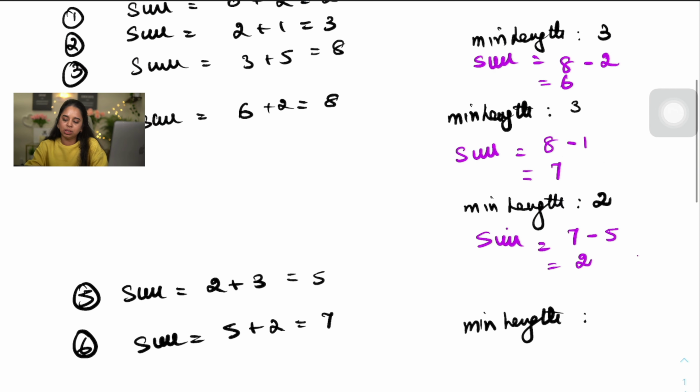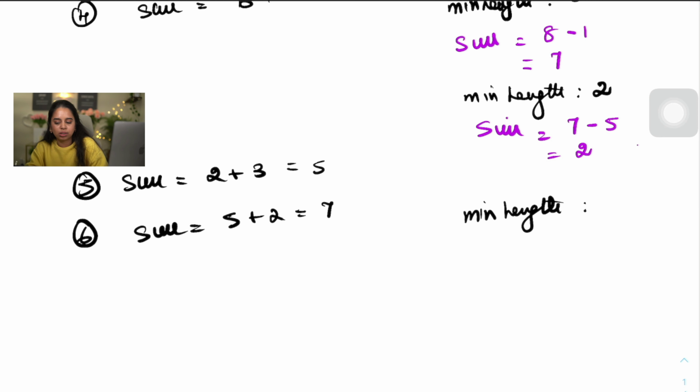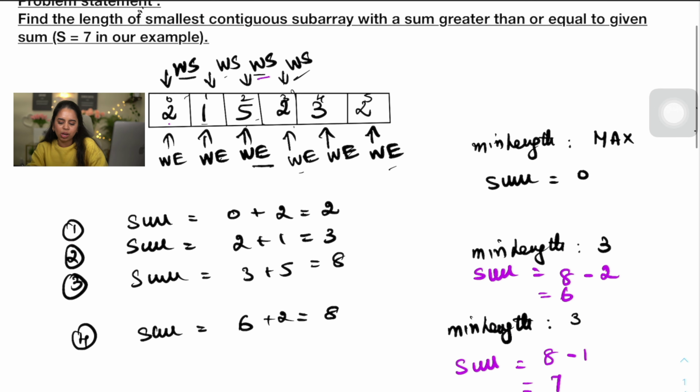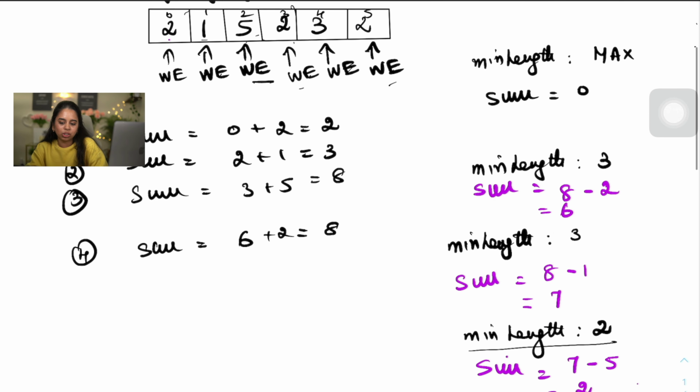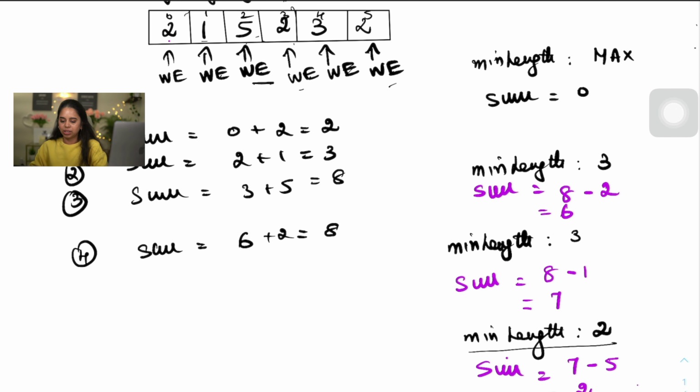There are 3 elements, but we already found the minimum length as 2, and it's going to remain 2, right? So next we are not going to move on with the iterations, because we have already reached the maximum length of our array, and once the window is shrunk, it will stop the iteration.